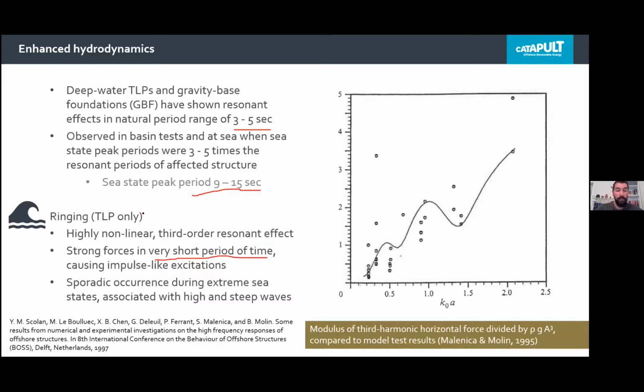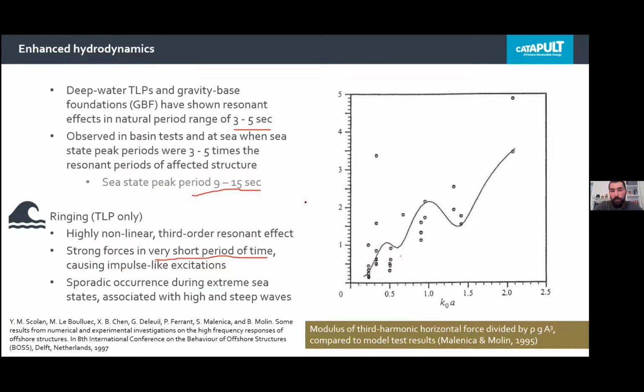Scolan et al. in 1997 defined ringing as a sporadic occurrence, often associated with high and steep waves. And Malenitz and Molan in 1995 have developed an analytical solution for it, showing quite good results in comparison with some physical measurements.